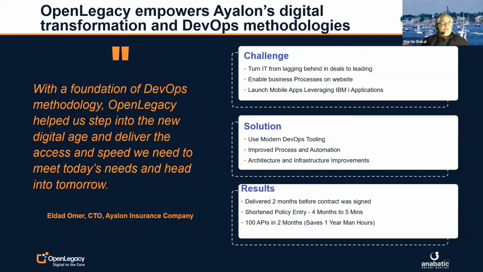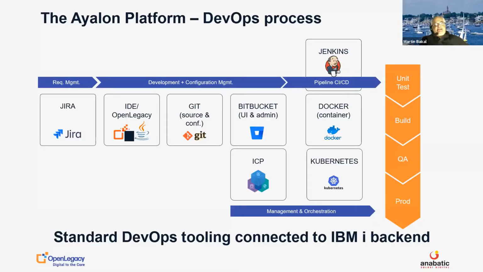But in some ways, what's even more amazing about their process is, look at this. This is a picture they gave us. All these tools are standard DevOps tools, with OpenLegacy's IDE being part of it, which just connects to the IBM i system.